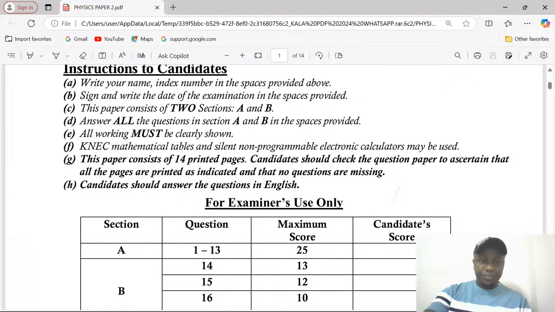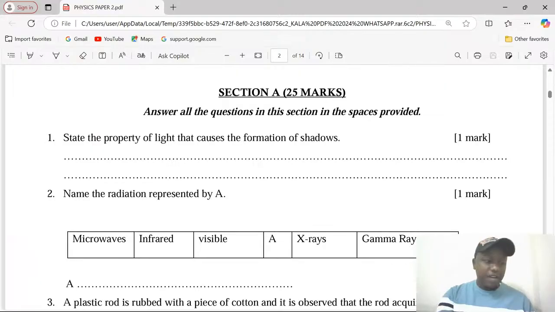The questions are here in section 1, 25 marks, and we shall respond to all of them. State the property of light that causes formation of shadows. This is Form 1 physics, rectilinear propagation of light.